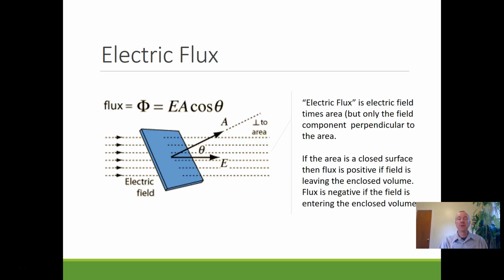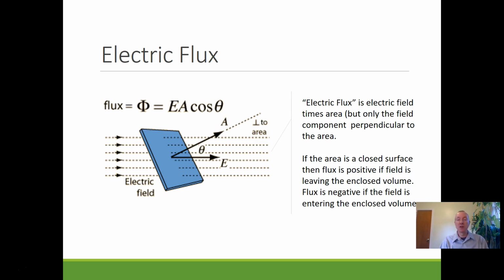The idea of electric flux I discuss a little better in the Gauss's law video. It basically has to do with electric field times area. And there's issues about being sure to get components of the electric field that are actually passing through the area perpendicular to the surface and not components that hug the surface, that are on the surface.